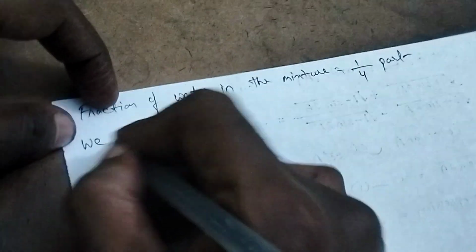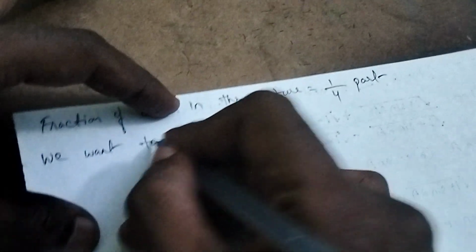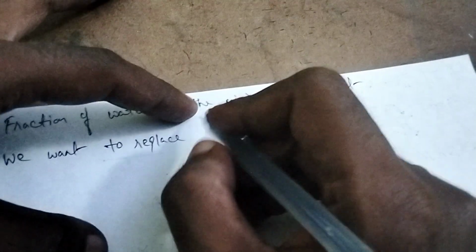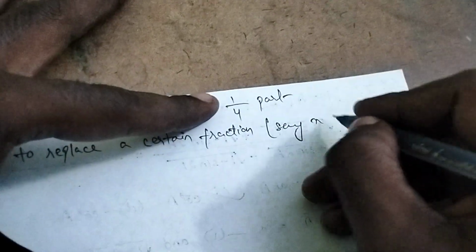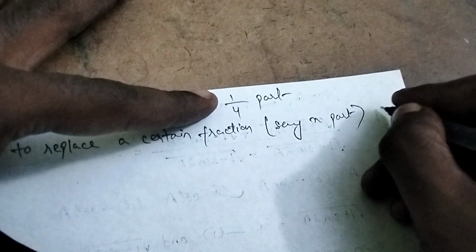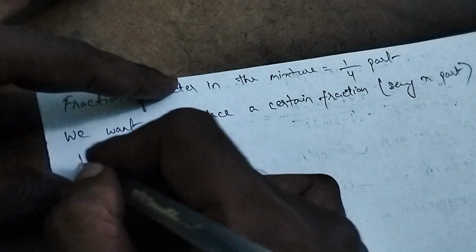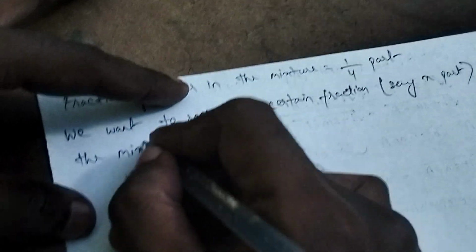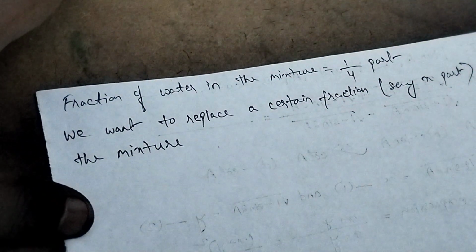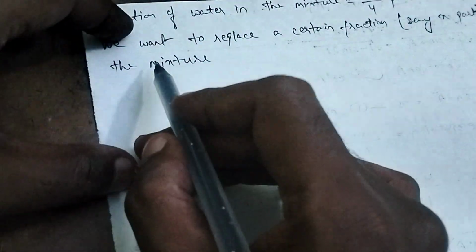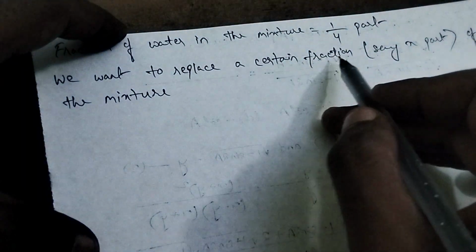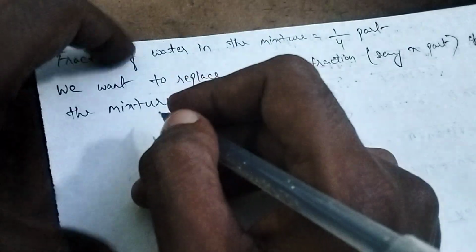So now what do we want? We want to replace a certain fraction, say x part, of the mixed milk. You can write mixed milk or mixture, anything, as in the question it has been given fraction of quantity of mixed milk.